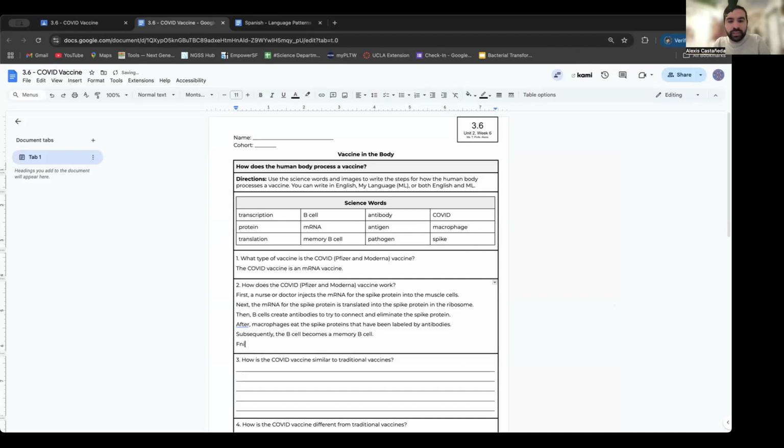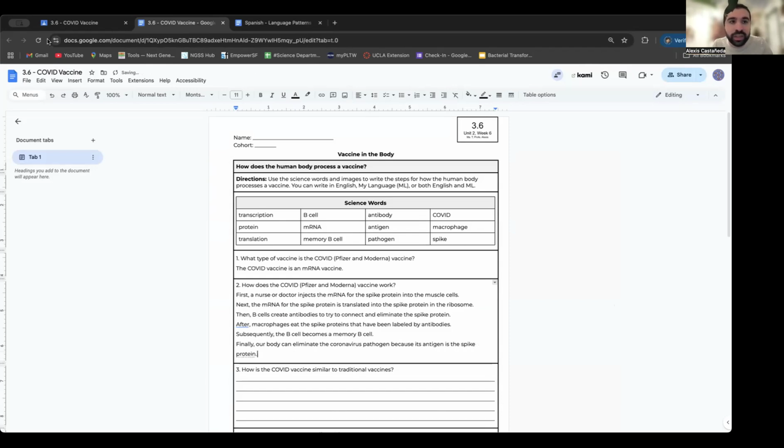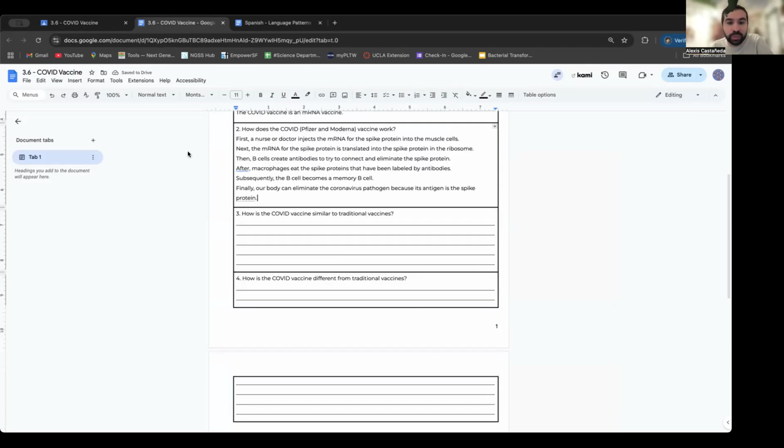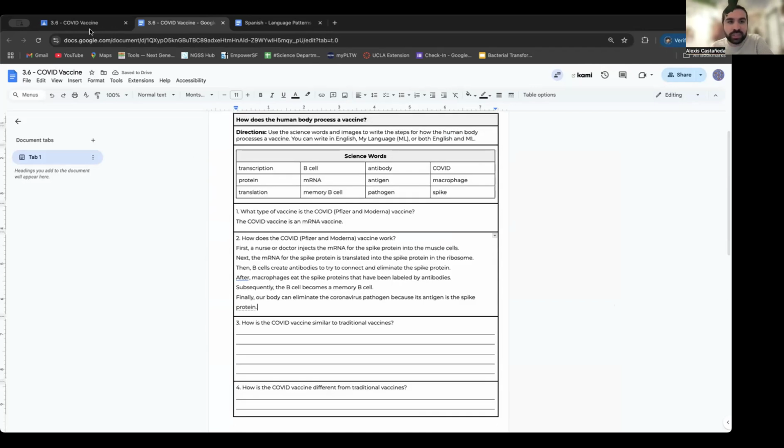And then finally, our body can eliminate the coronavirus pathogen because its antigen is the spike protein. Right? Our body already knows how to get rid of things that have the spike protein. So it's all set. It's all good to go, right?